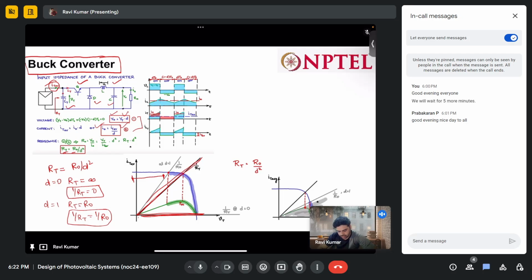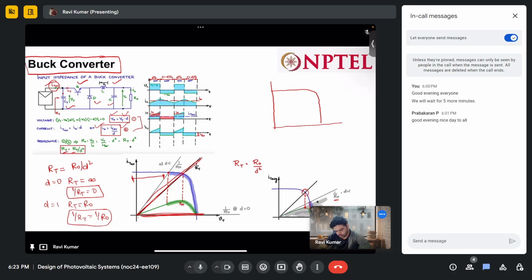And similarly, if the R naught value is like this, below this maximum power point, then we cannot track the maximum power point. That is the limitation of this buck converter as well. So now you understood. This is the IV characteristics.